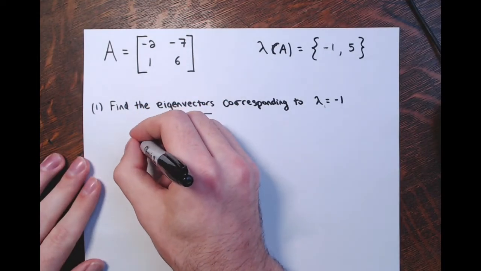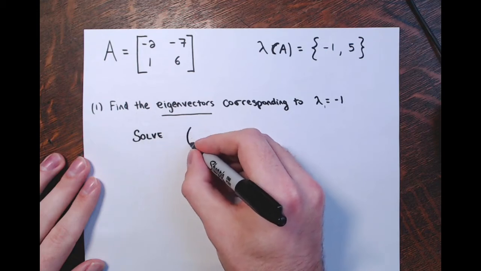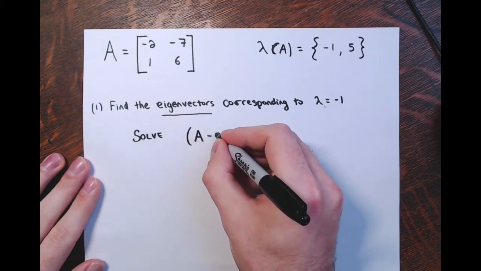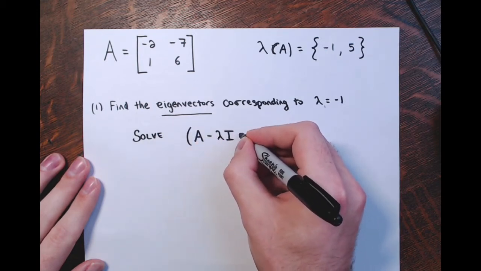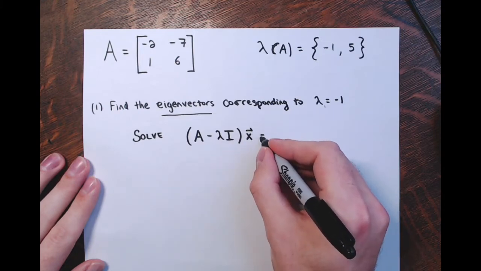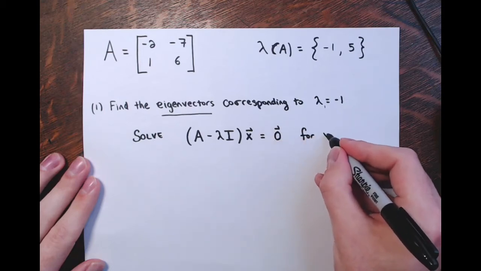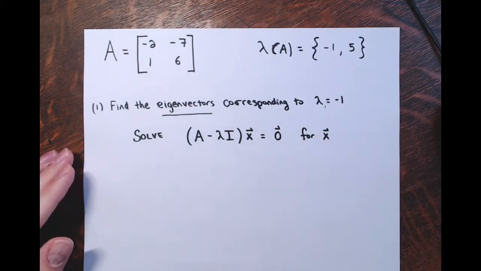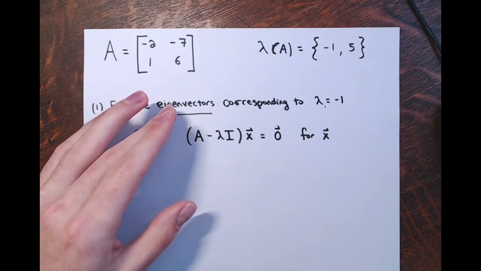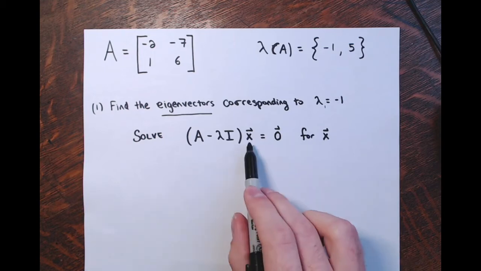You are going to solve this equation: A minus lambda I times x equals the 0 vector. And you're going to solve for those vectors x. When we're asked about the eigenvectors, we're going to find the non-zero solutions to this, because again, the 0 vector would always be a solution.